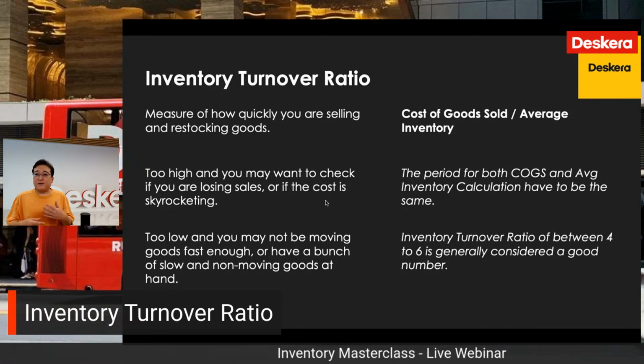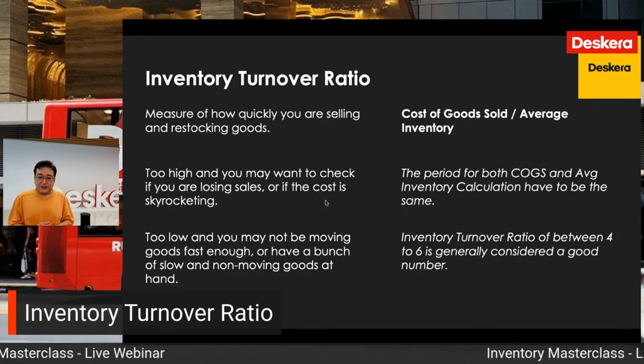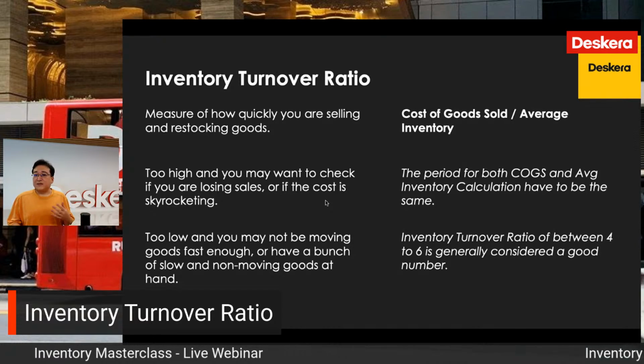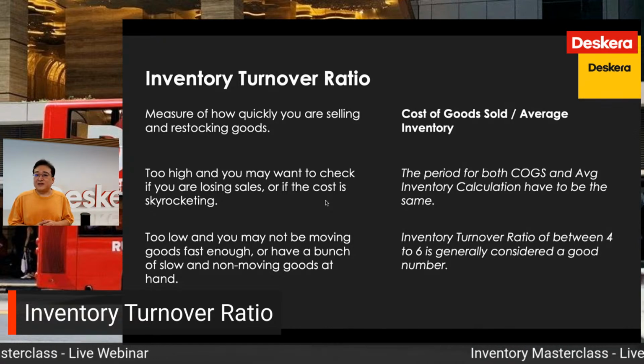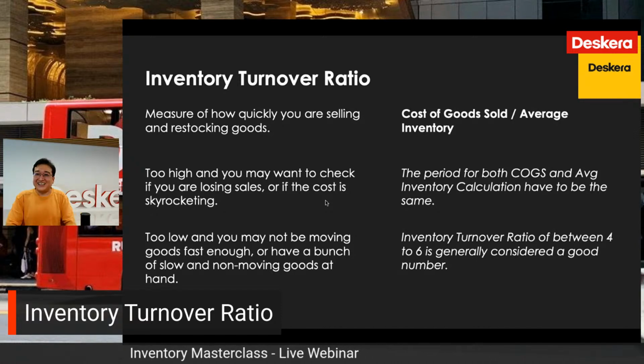Can I turn it over and make a profit quickly, or is it a very slow process? For example, I'm just thinking, the average inventory I have in there is 50 or 100 or something like that, and the cost of goods sold is so much, and then it tells me how much it is. At least that's what I think. But I know you're going to tell me, so that way we're going to know exactly what it is. I'm looking forward to that.